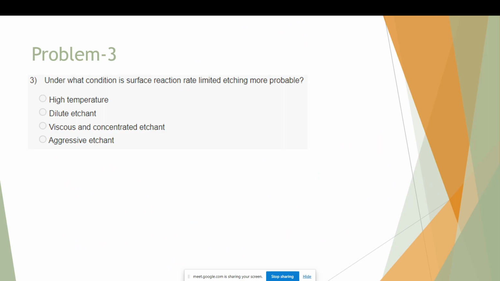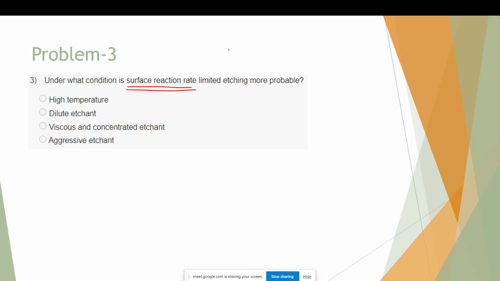Okay, under what condition is surface reaction rate limited etching more probable? Right. So first of all, what is surface reaction rate limited etching?